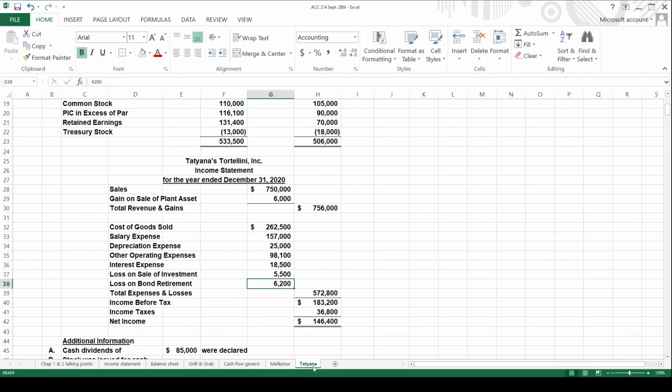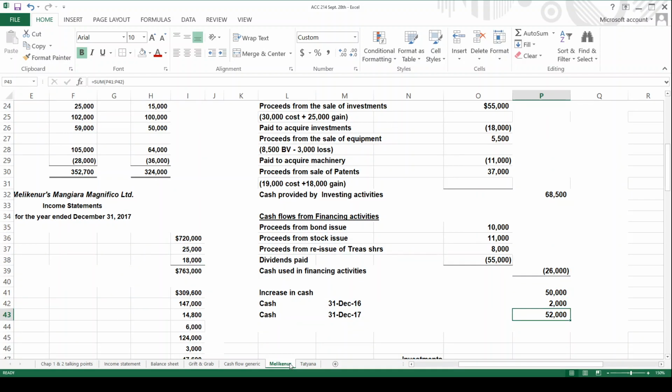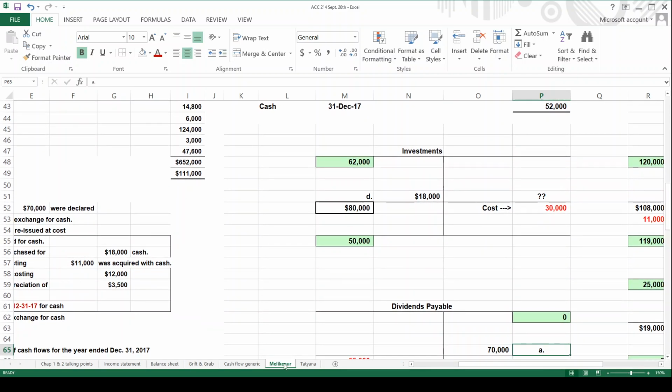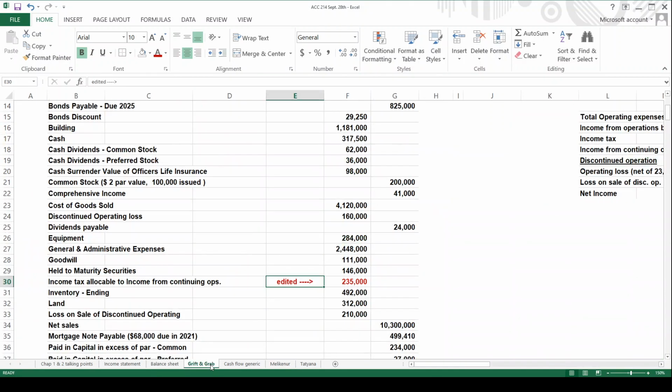There's a loss. Okay, so that's the key information to figure out, well, how much did it actually cost to pay off these bonds? There you have it. Okay, Melikanor, Illustrative, and Tatiana.